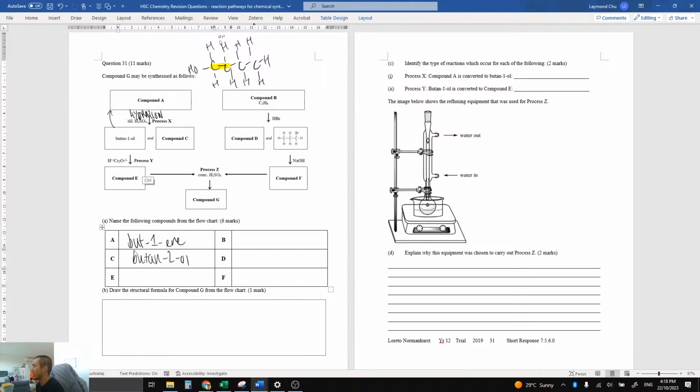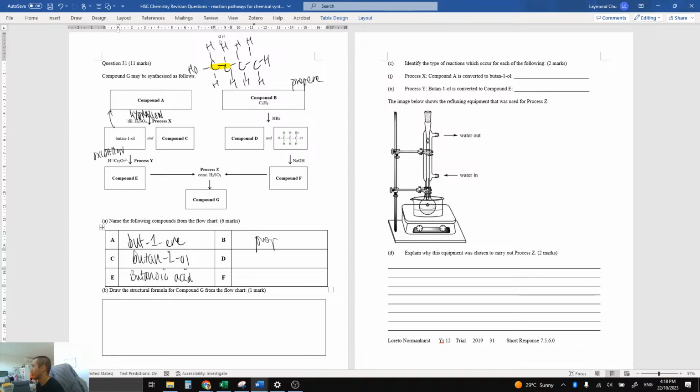Our compound E is an oxidation reaction of our butanol, which is a primary alcohol. Primary alcohol oxidation will give us carboxylic acid. Which carboxylic acid is that? That will be butanoic acid. B, C3H6 again. There's only one formula that you can have with that, which is propene.